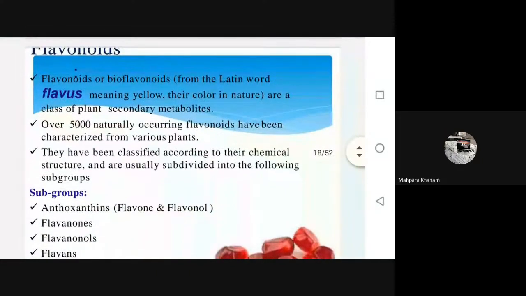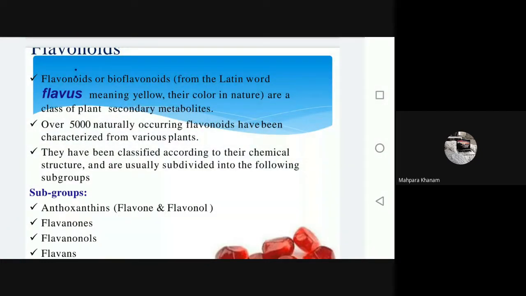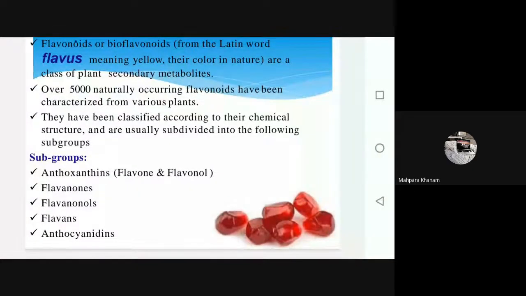Then flavonoids. The slide has been cut. It has not been saved properly actually. So flavonoid, again, means yellow color. So you see how much confusion there is. One is yellow color for lutein, yellow color for carotenoids, yellow color for flavonoids. Then if you see the subgroups: anthocyanins, anthocyanidins, flavanones, flavins, all this.